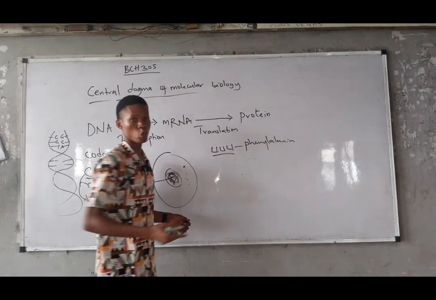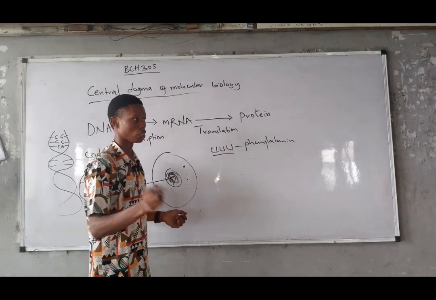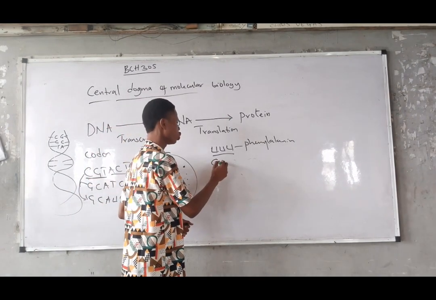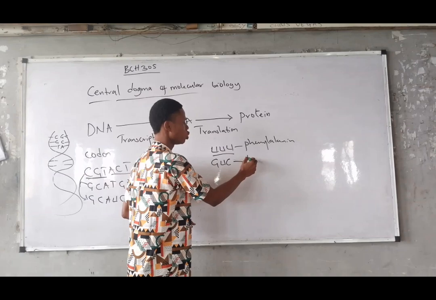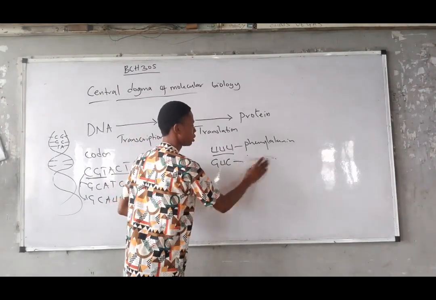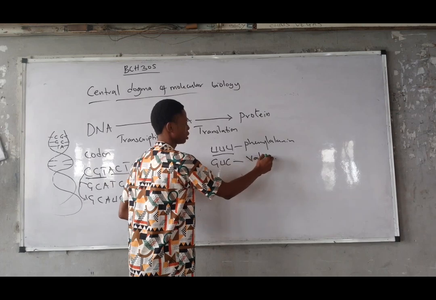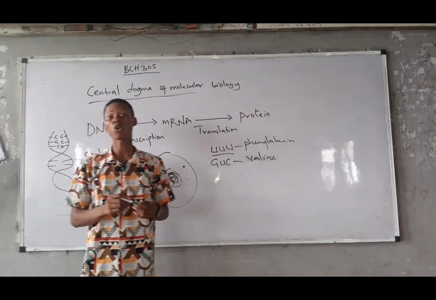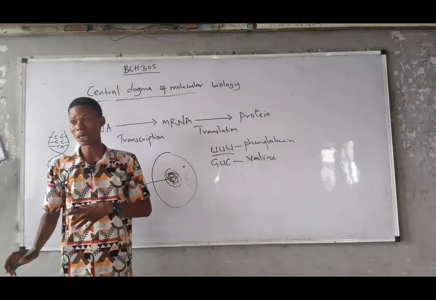UUU is a codon that codes for the amino acid phenylalanine. For example, again, GUC codes for leucine. Sorry, codes for valine. Like that, we have 64 codons coding for different amino acids.